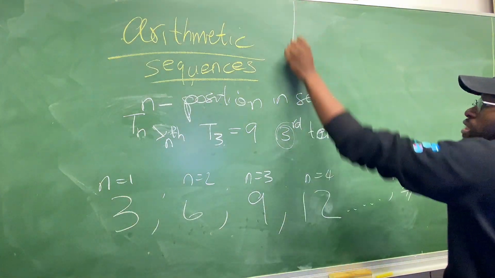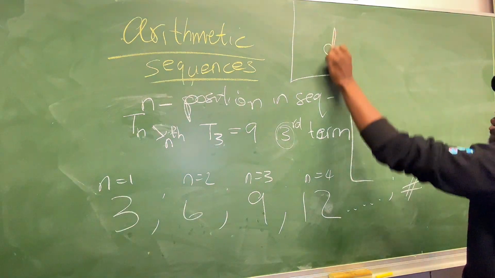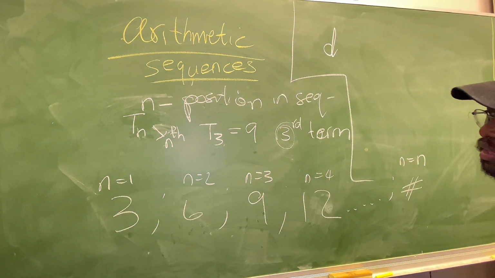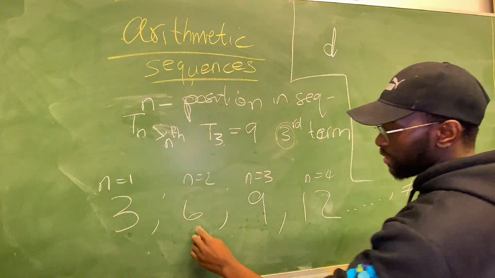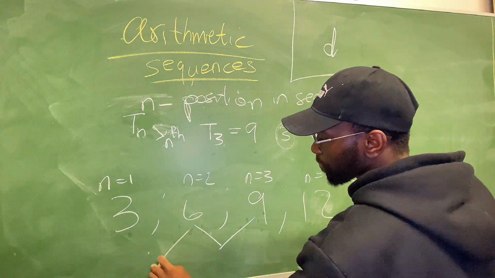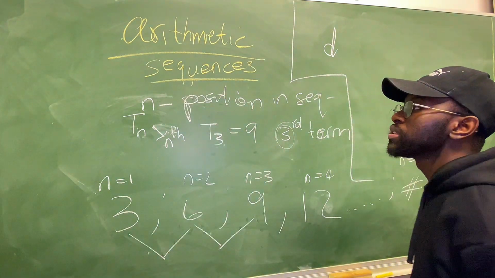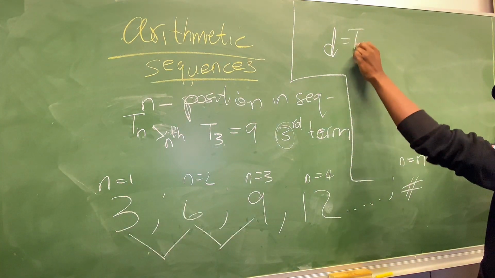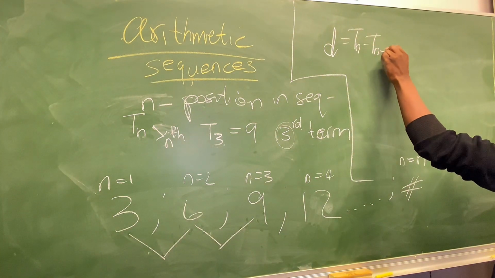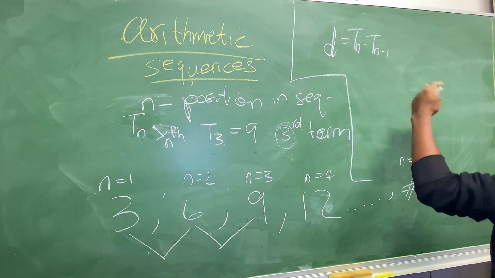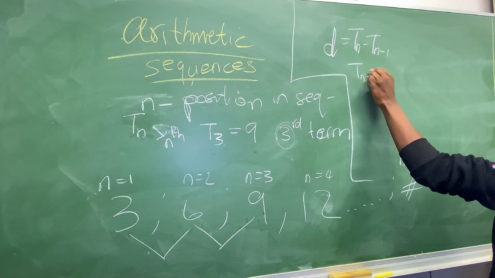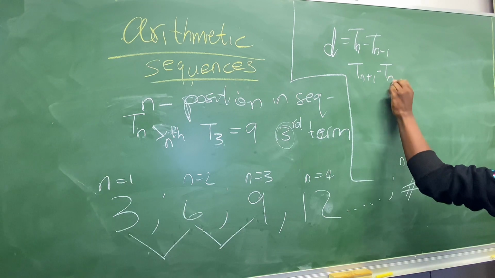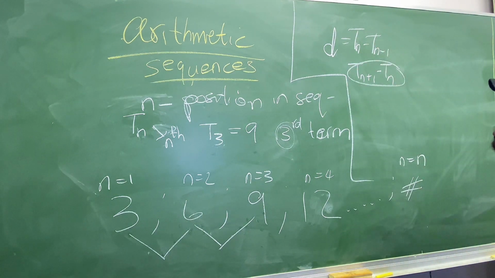I ran out of space. Let's just come here. We'll also use D to denote the difference, the common difference in arithmetic sequences. And we say that we find that one by taking Tn minus Tn minus 1. A lot of people like Tn plus 1 minus Tn, but I find it interesting to use this one.